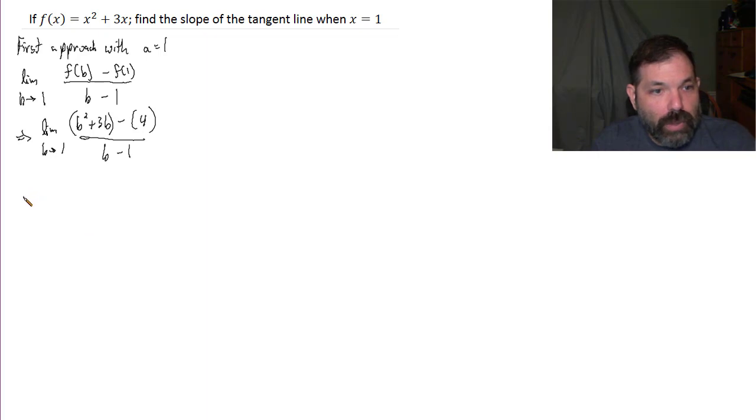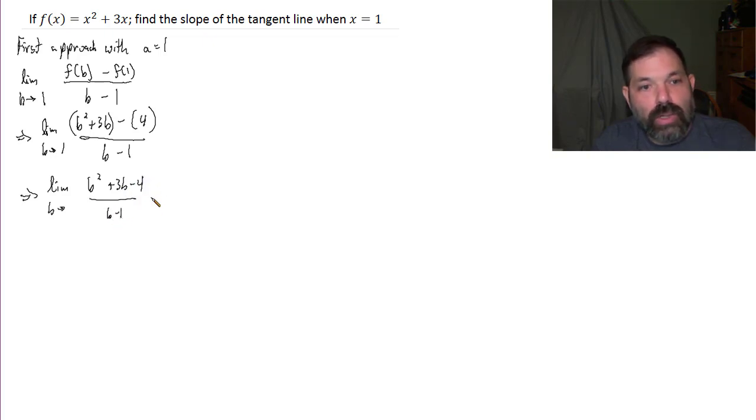All right, so what I would do here is notice that I can write this numerator as more simply just b squared plus 3b minus 4 over b minus 1. And notice that the numerator factors as b minus 1 by b plus 4 over b minus 1.